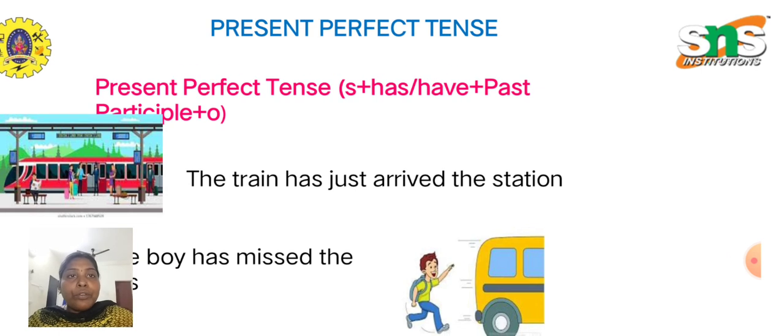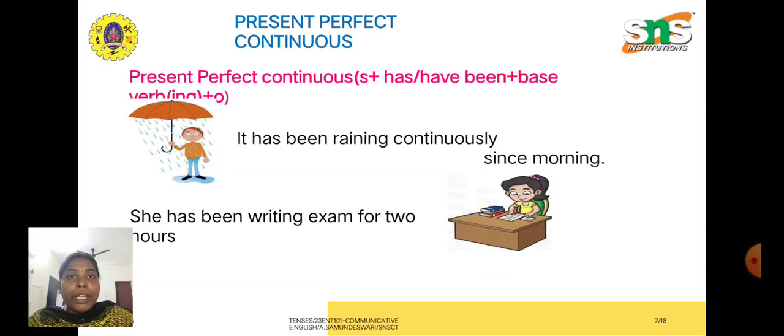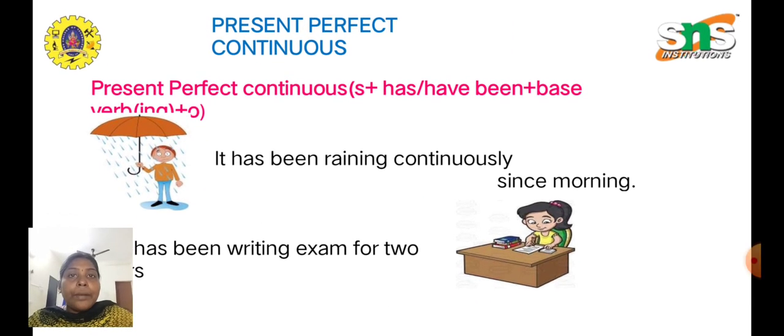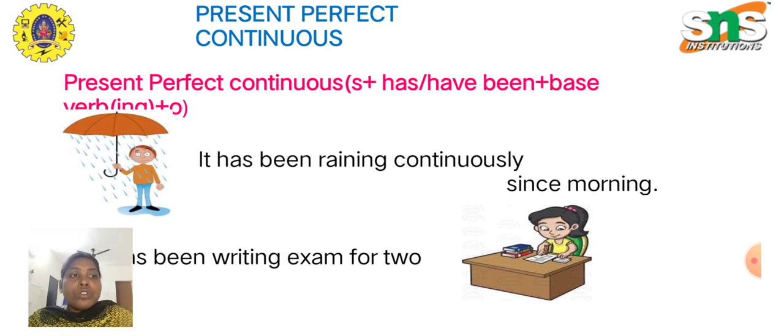Next we are moving on to another tense form, and this one is the last in the present tense structure. Similarly, as in the present tense, we have forms for the past tense and future tense also. We'll see those forms in other videos.